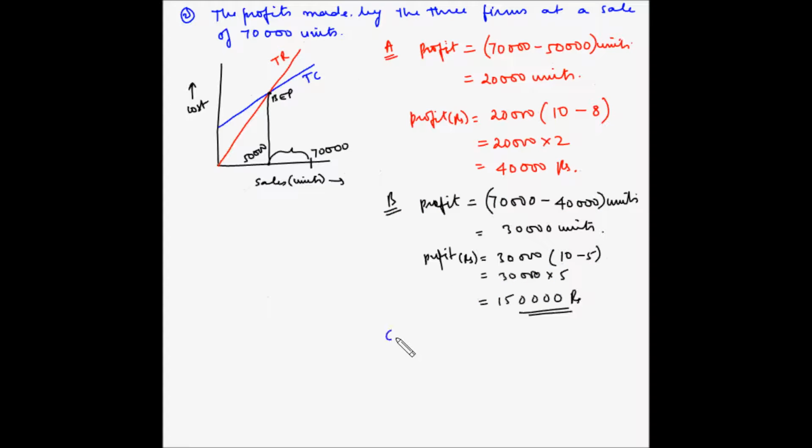Similarly for firm C, profit is equal to 70,000 minus 54,000 units.